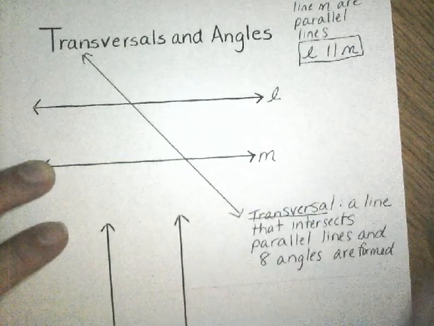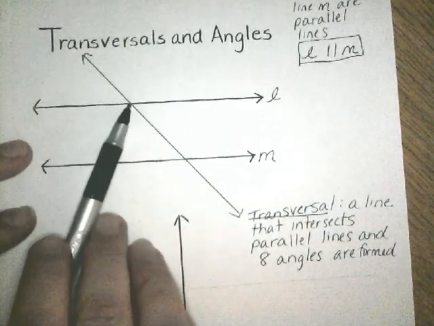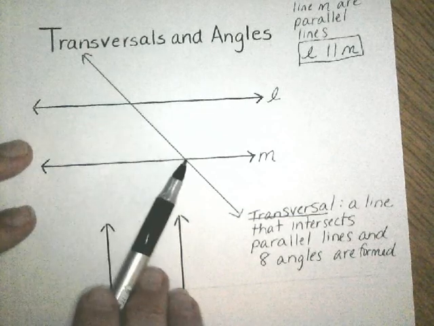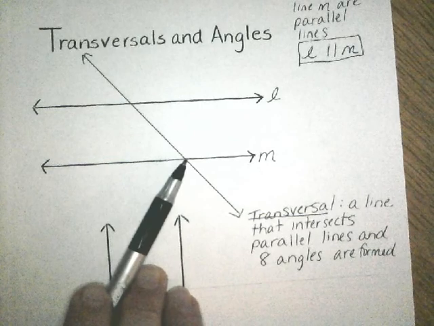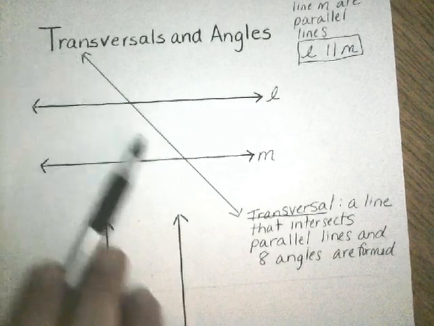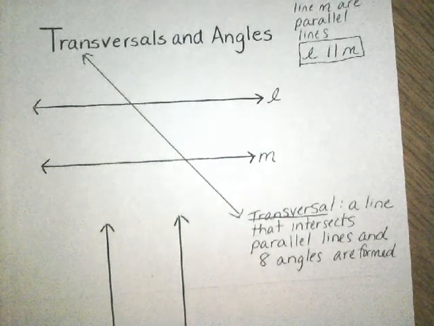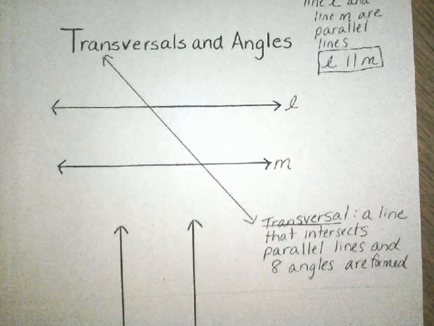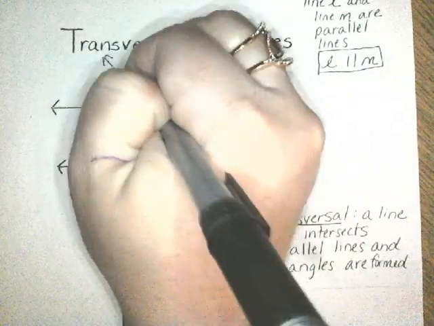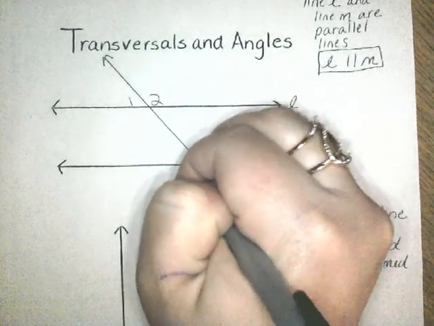It intersects line L right there. It intersects line M right there at that point. Once this transversal is here, it forms 8 angles. We are only going to label 4 of them to focus on to start. We're going to focus on 1, 2, 7, and 8.